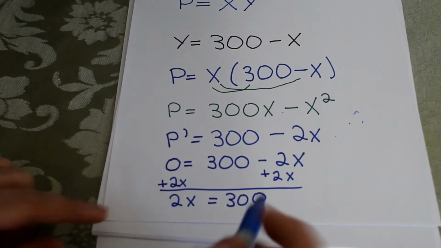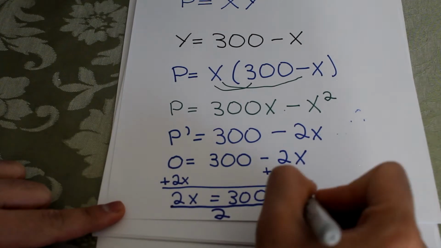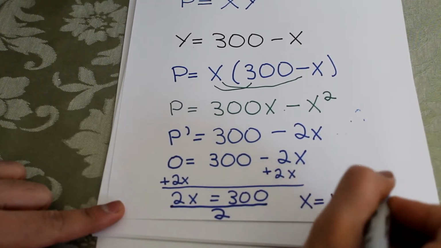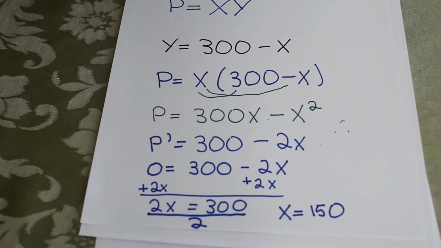To figure out what x is, we just need to divide both sides by 2, and we get x equals 150. Now this is a critical value, and it's the only critical value, so it might be the maximum, but we want to make sure.